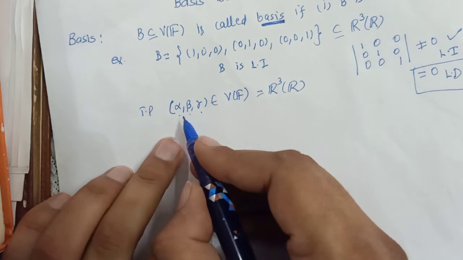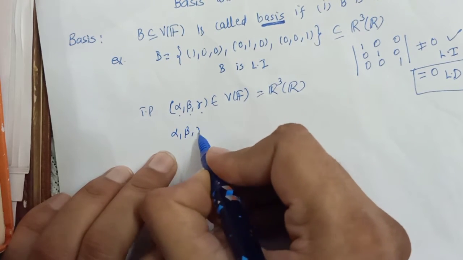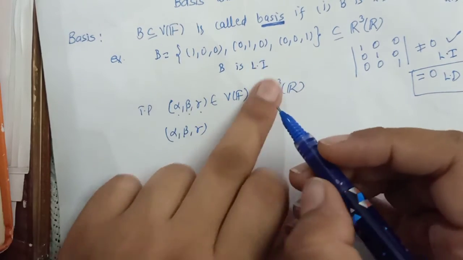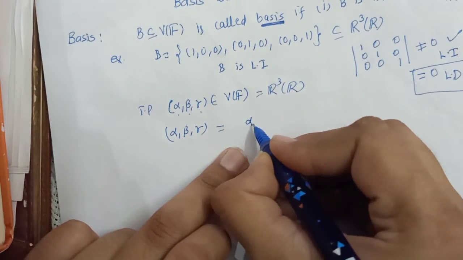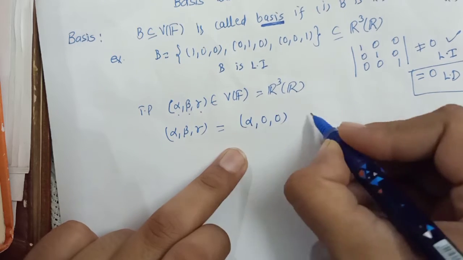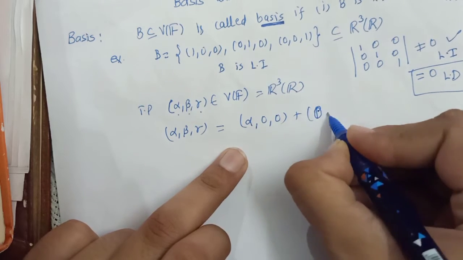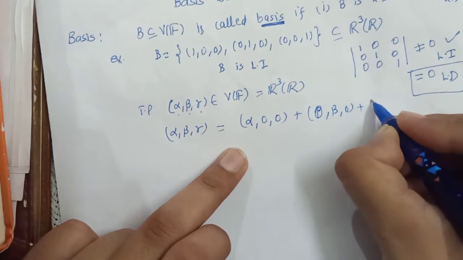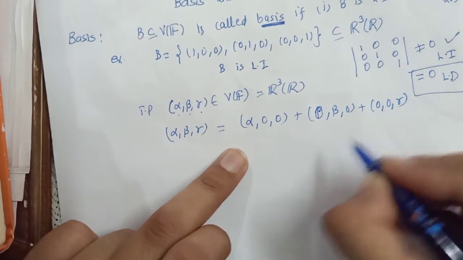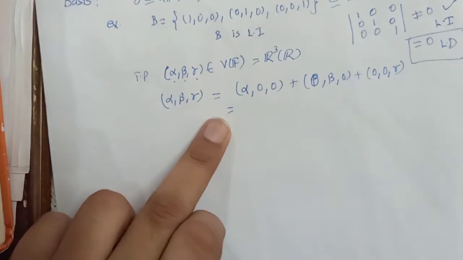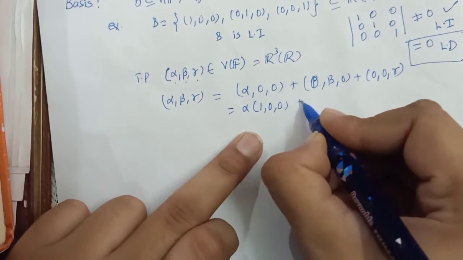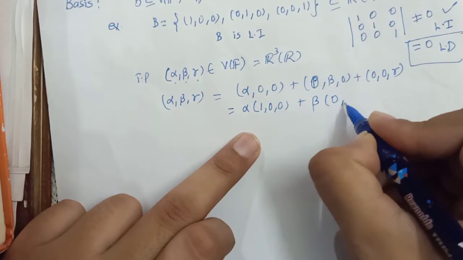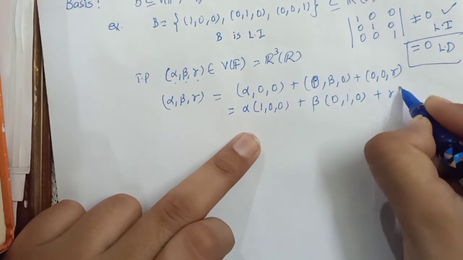I would try to write this (alpha, beta, gamma) as linear combination of these vectors. So can I write this as (alpha, 0, 0) plus (0, beta, 0) plus (0, 0, gamma)? And further, if I take alpha outside, (1,0,0), beta outside (0,1,0), and gamma outside (0,0,1).